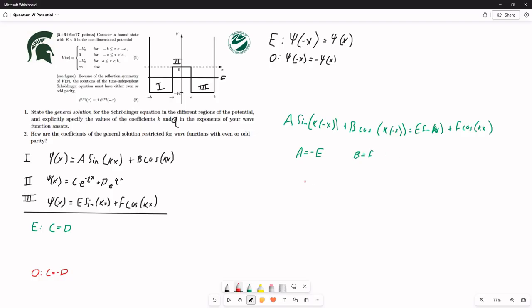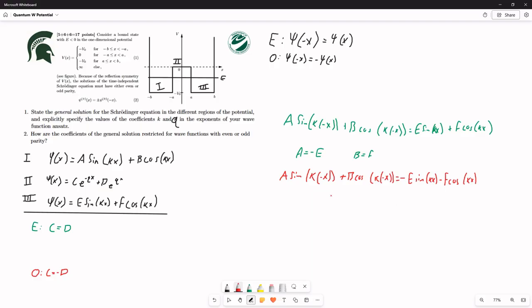Doing the same thing for the odd solutions, we have a sine of k times negative x plus b cosine of k times negative x equals negative e sine of kx minus f cosine of kx.